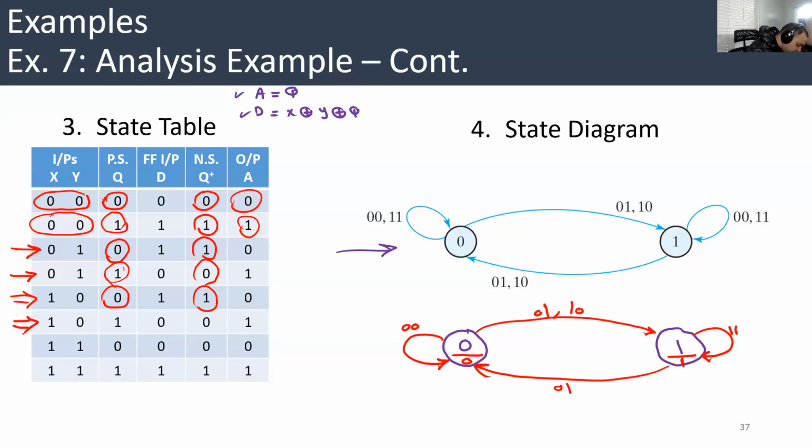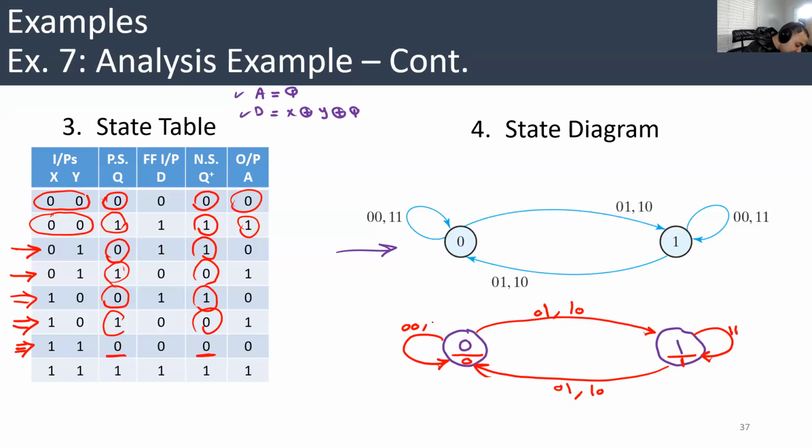Again, when the input is 1, 0, and the current state is 1, we're gonna also switch. So again, we're gonna switch from 1 to 0 if the input is 1, 0. Finally, when the inputs are 1, 1, and the current state is 0, we're gonna stay in the same state.